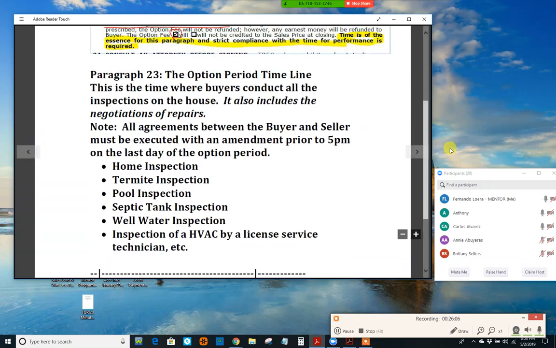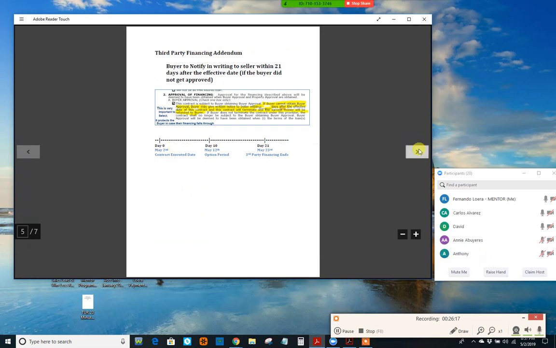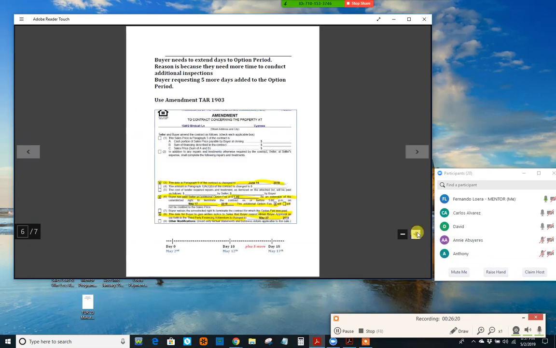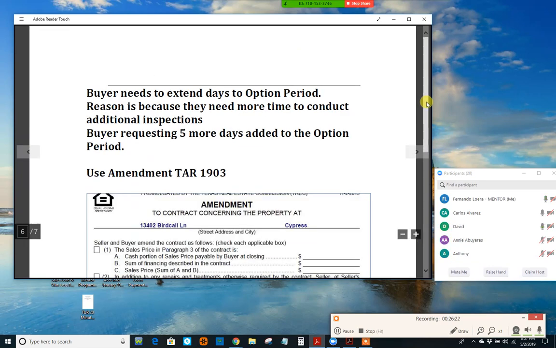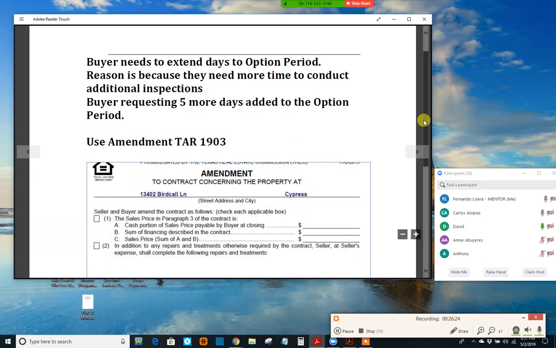Okay. Anybody have any questions before we wrap it up? Do you know what the number is? Is that a TAR form? Yeah. It's TAR 1903. No, the other one, when they're not going to do the inspections. Is it the same form?